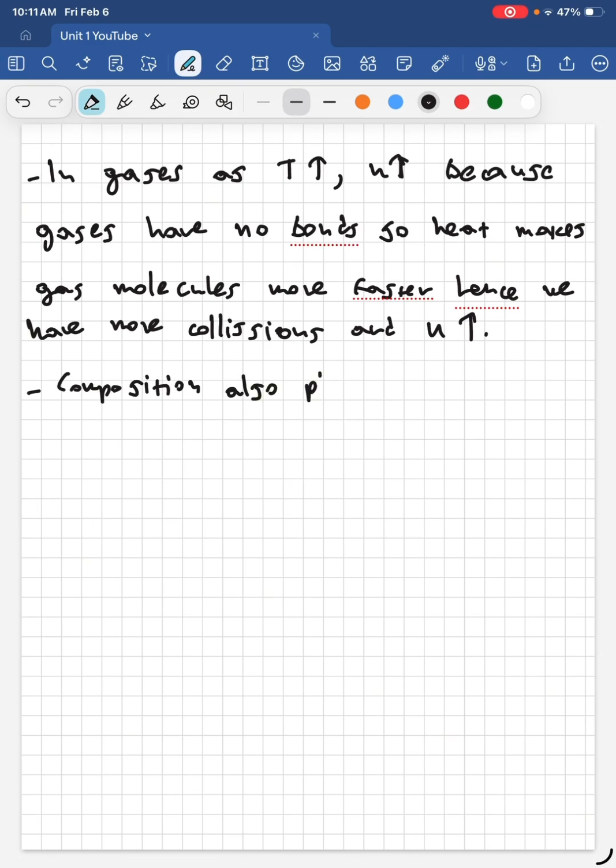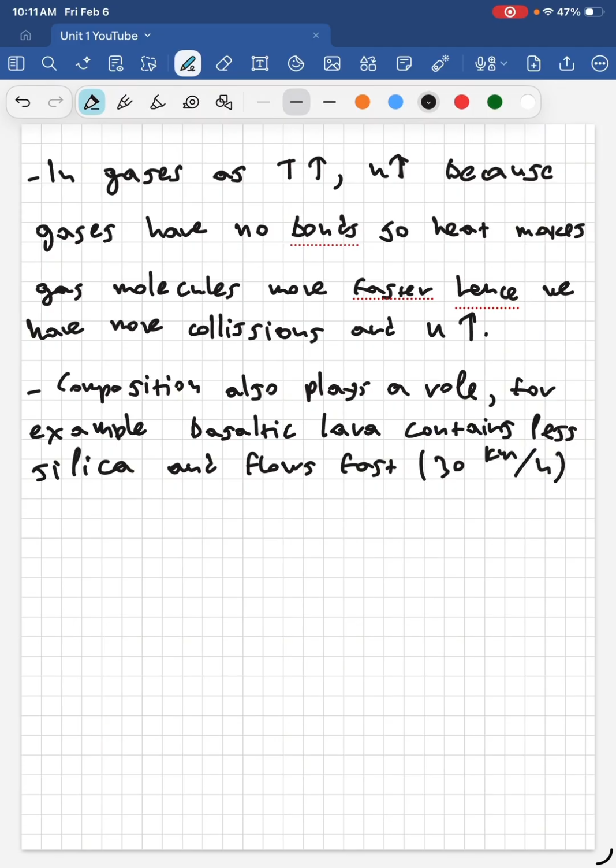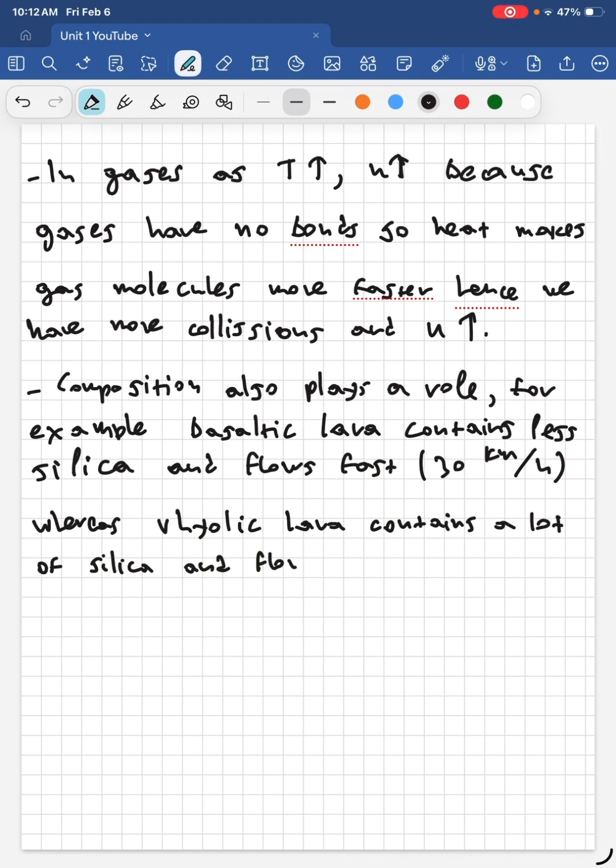For example, basaltic lava contains less silica and flows fast, at about 30 kilometers per hour, whereas rhyolitic lava contains a lot of silica and flows slow, at about 1 kilometer per hour.